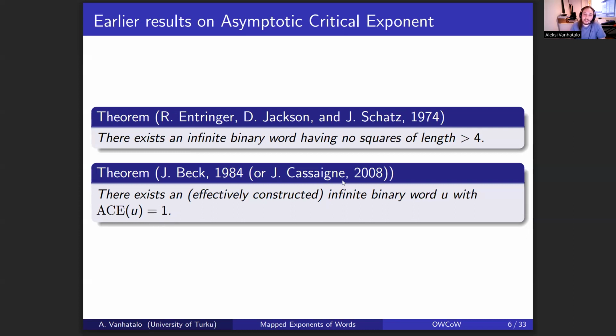And luckily, Karhumäki in 2008 effectively constructed one of these words. Not the same as Beck showed existing, but we have a construction of a word with asymptotic critical exponent equal to 1. So that's just some background.